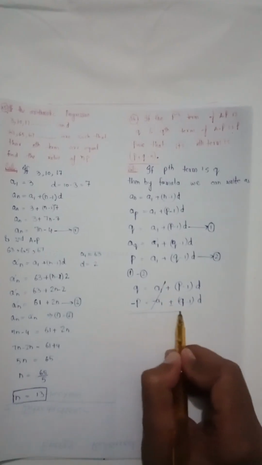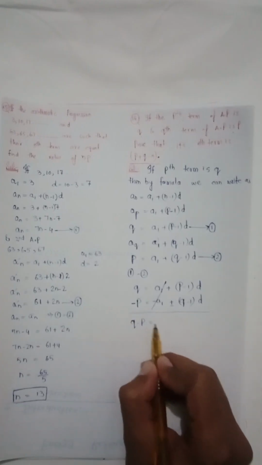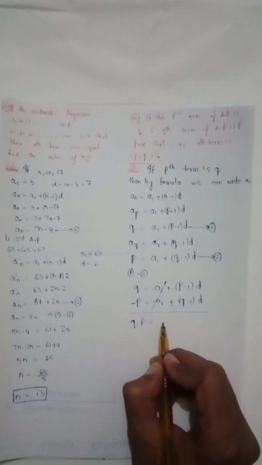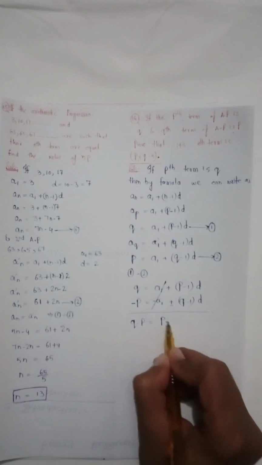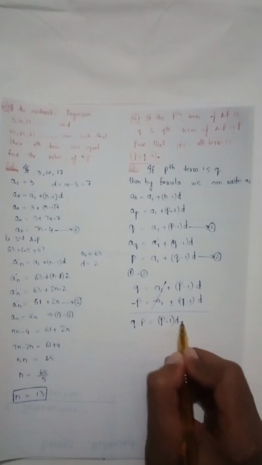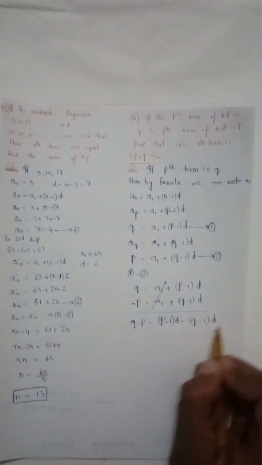These two will be cancelled, and q minus p equals p minus 1 into d minus q minus 1 into d.